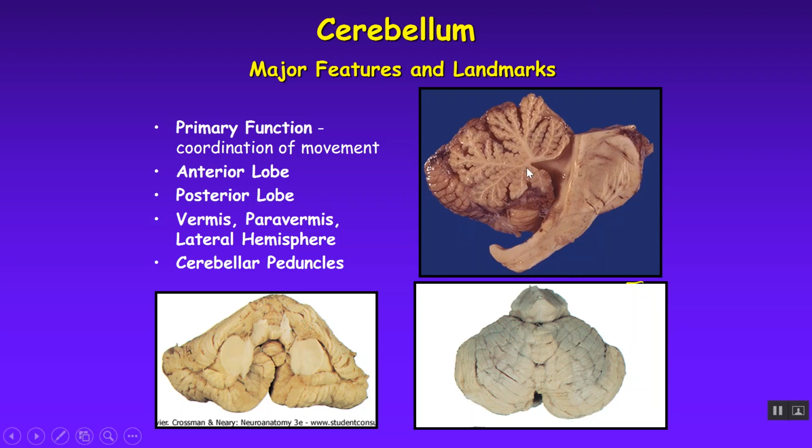It has an anterior lobe. If you see my pointer here, the anterior lobe is this area right here. This is the little sulcus that divides the anterior lobe from this big, huge posterior lobe. The picture just below the sagittal section is a top view of the cerebellum.